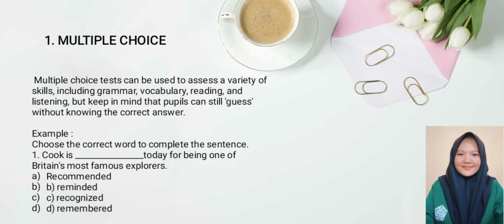Cook is blank today for being one of Britain's most famous explorers. A. Recommended. B. Reminded. C. Recognized. D. Remembered. There is a stem and several options to choose from in this question type.